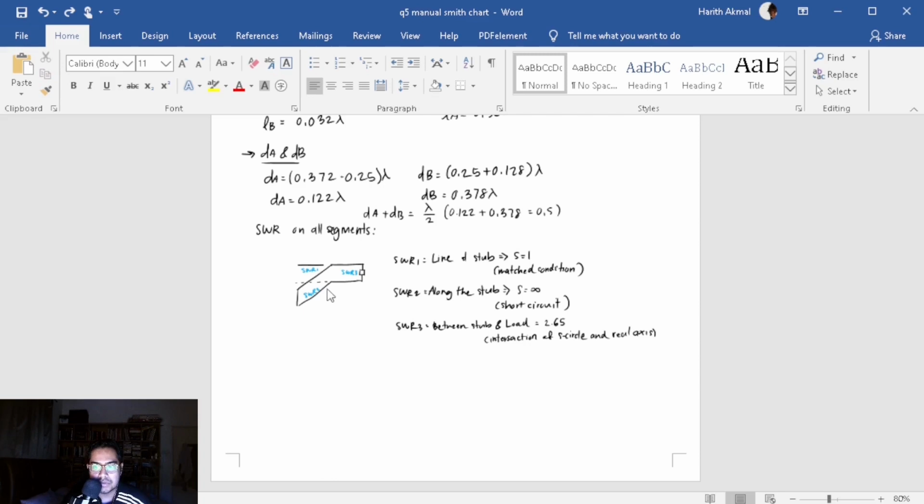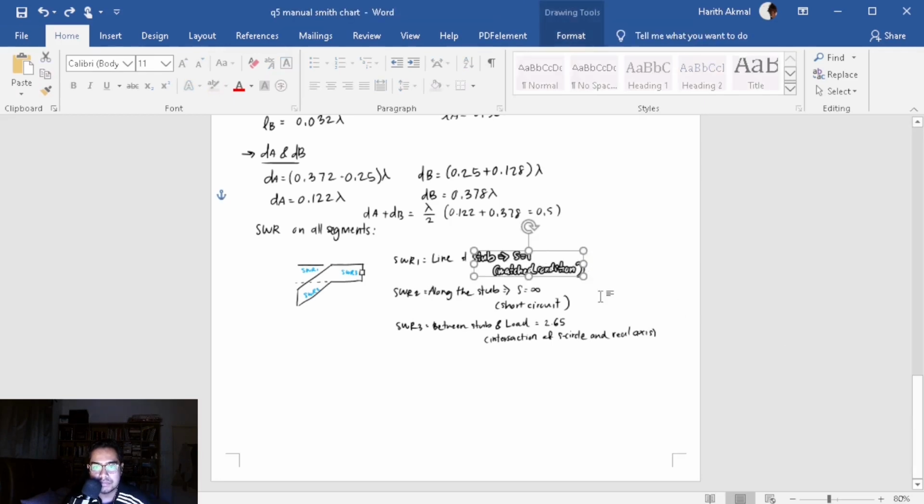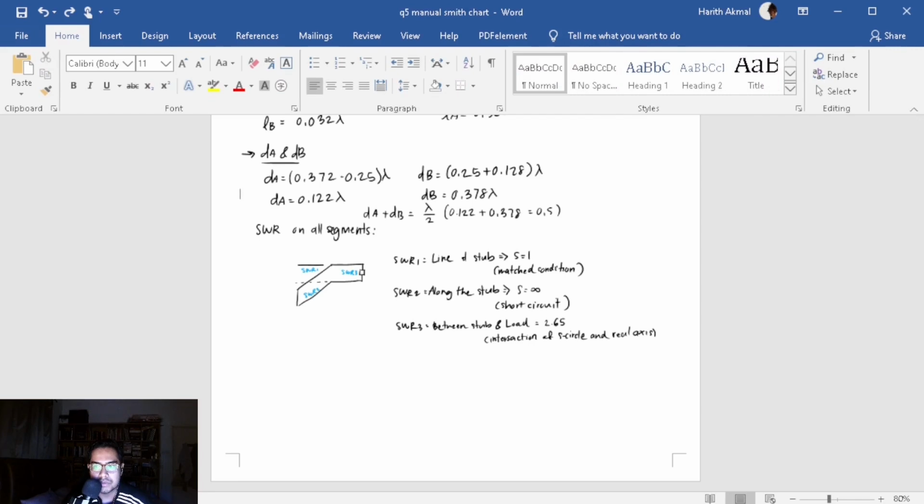There are three SWR because there are three interfaces, right? So SWR1 right here is between the line and the stub. Between the line and the stub, we should have a match condition. So this means S equals 1, from the calculation I wrote, S equals 1.